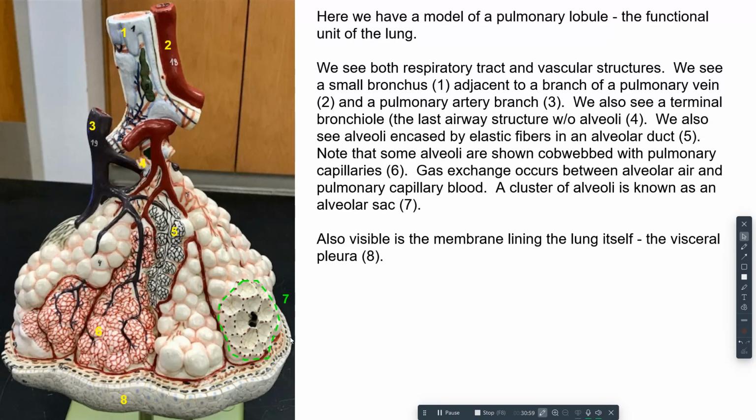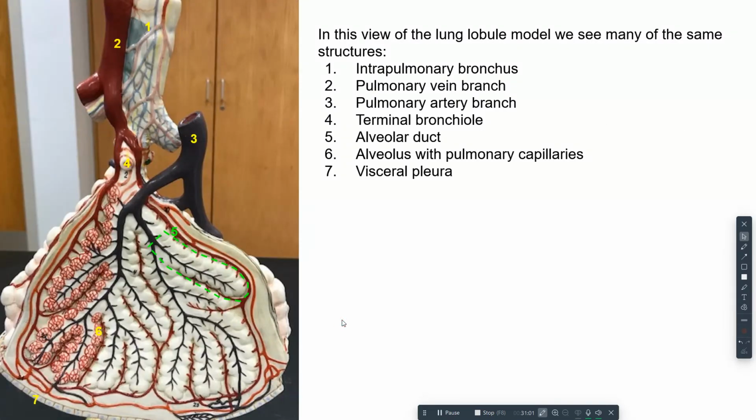Okay, if we flip this guy around, I've got some more stuff. I do see a little bronchus here. Pulmonary vein branch is the red guy. Pulmonary artery branch is the blue guy. Remember, they're switched. There's my terminal bronchiole right there.